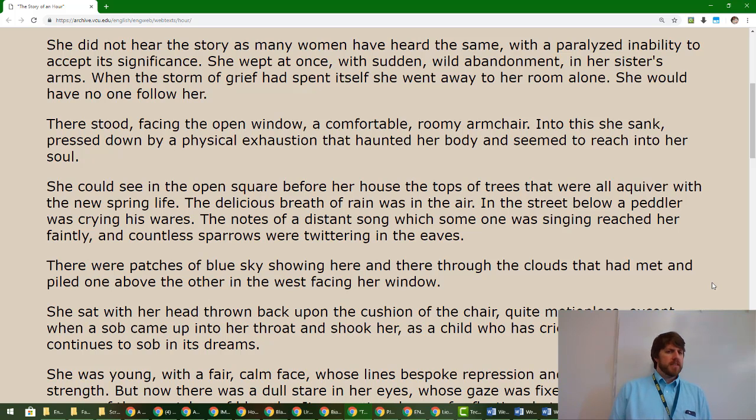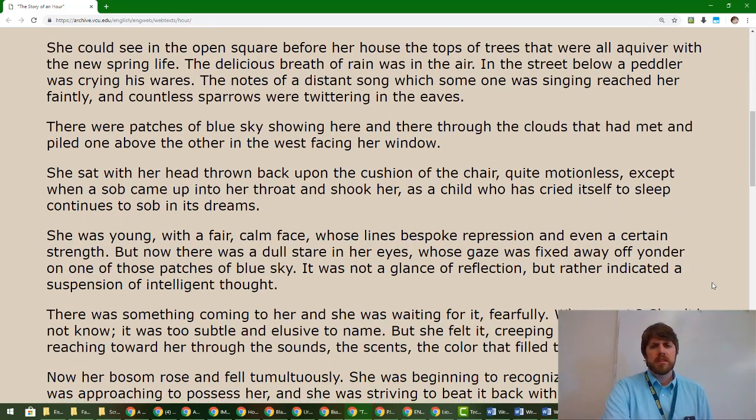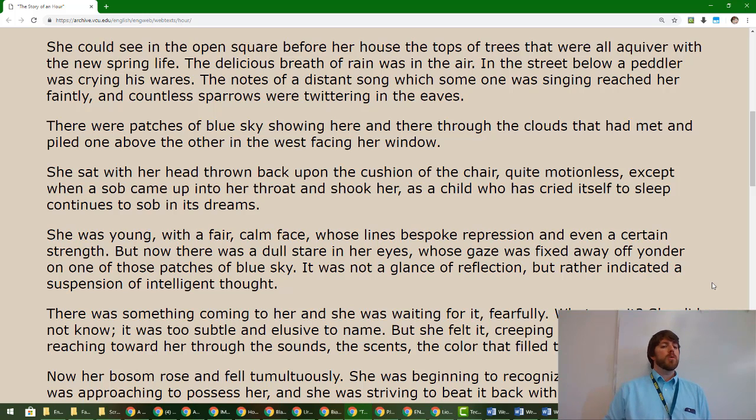There stood, facing the open window, a comfortable, roomy armchair. Into this she sank, pressed down by a physical exhaustion that haunted her body and seemed to reach into her soul. She could see in the open square before her house the tops of trees that were all aquiver with the new spring life. A delicious breath of rain was in the air.